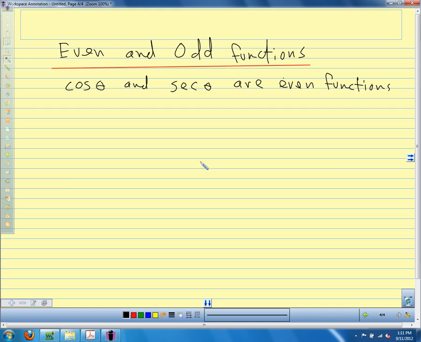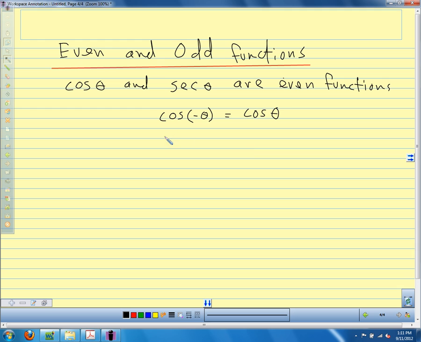What an even function tells us is cosine being even means that cosine of negative theta equals cosine of theta. So if I plug in the negative of my angle, it's the same as the positive. If I plug in positive 2 or negative 2 into y equals x squared, I get positive 4 for both of those. So cosine of theta works the same way: if I plug in a negative angle, it's the same as the cosine of the positive angle.